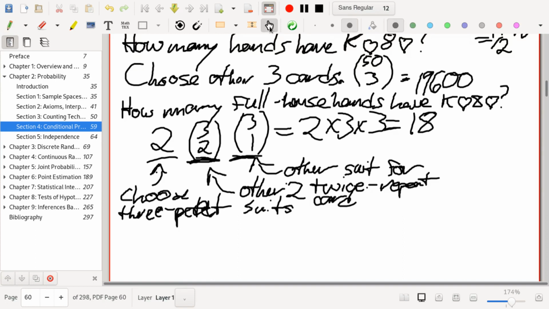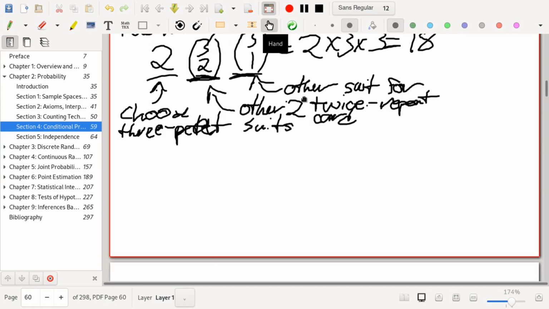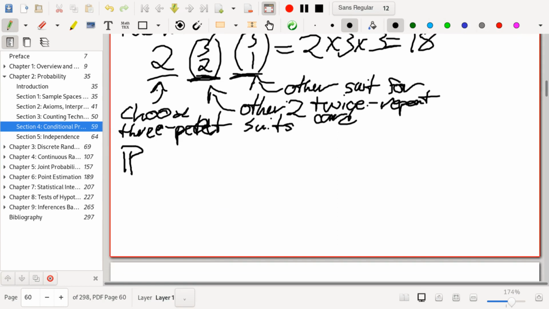All right, so we are getting close to done. We now need to just compute the probability of a full house, given that you have the king of hearts and the 8 of hearts.